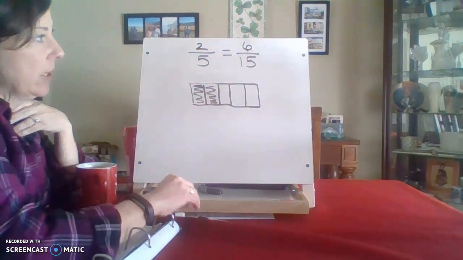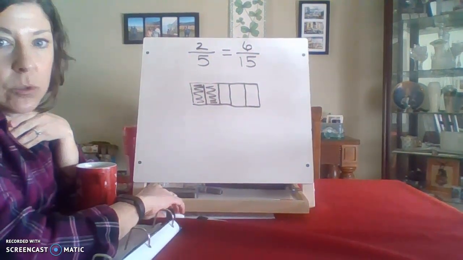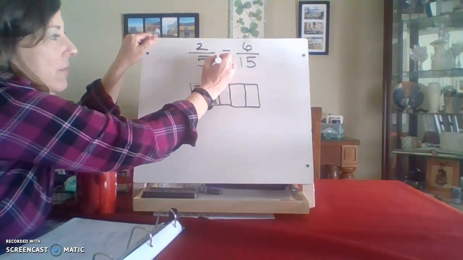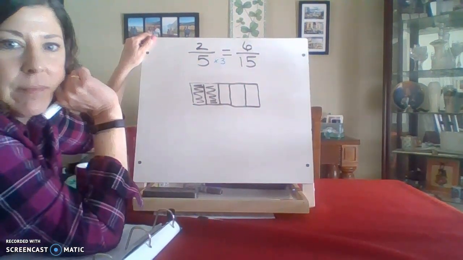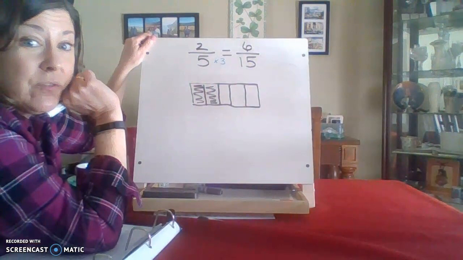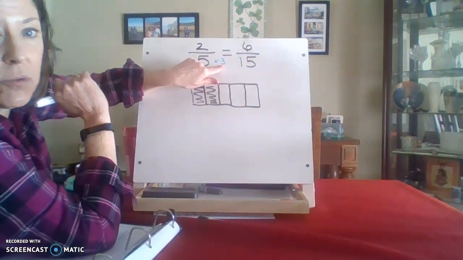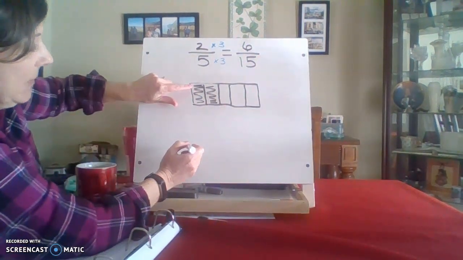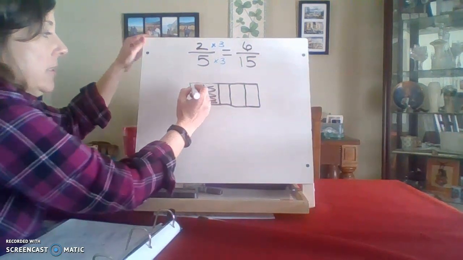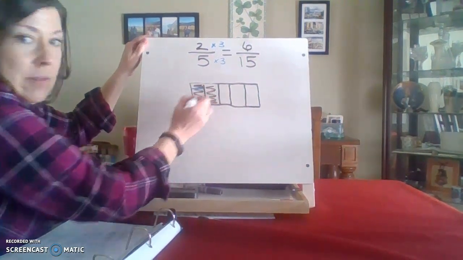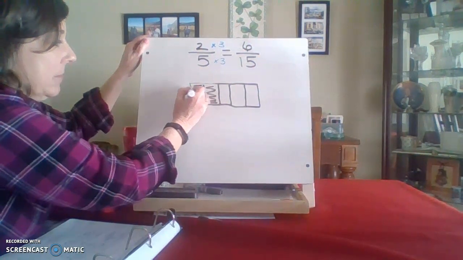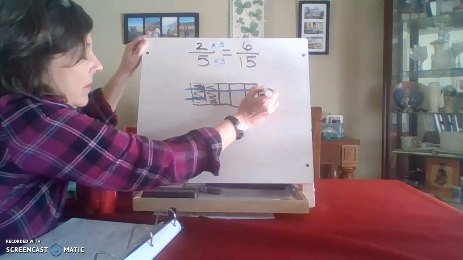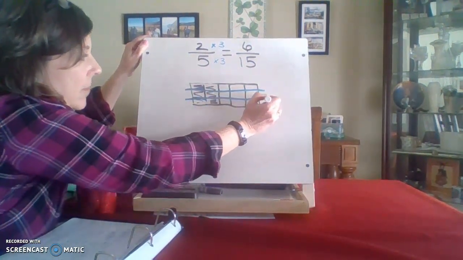Now, thinking about how to show that 2/5 is equal to 6/15, I'm taking my fifths and cutting each fifth into 3 smaller pieces. So this fifth is going to be cut into 3 smaller pieces, and I'm going to do that across my diagram.